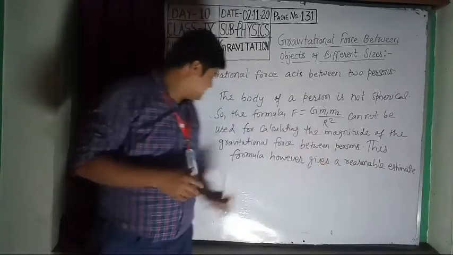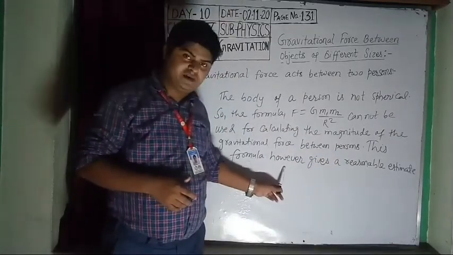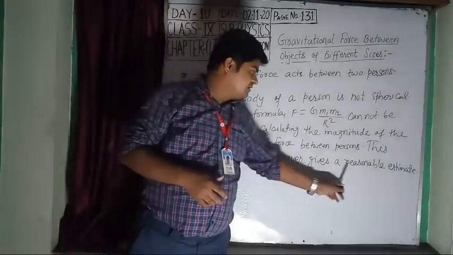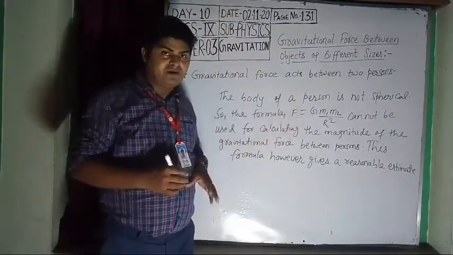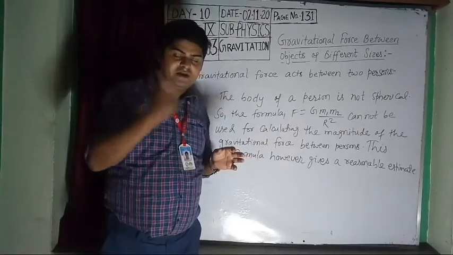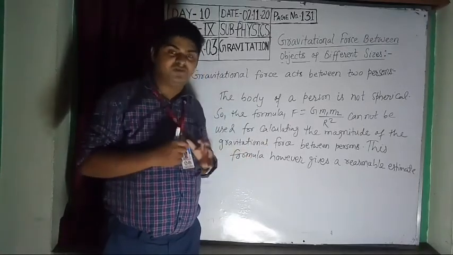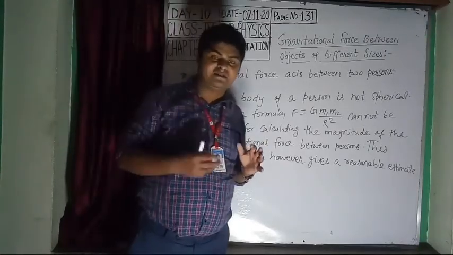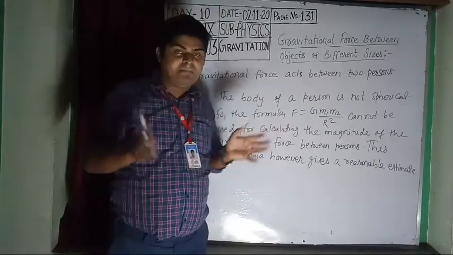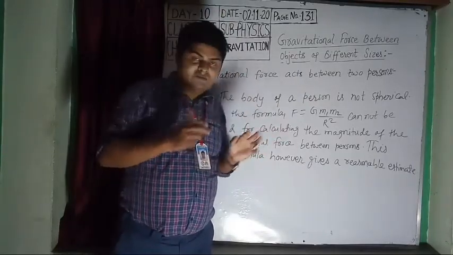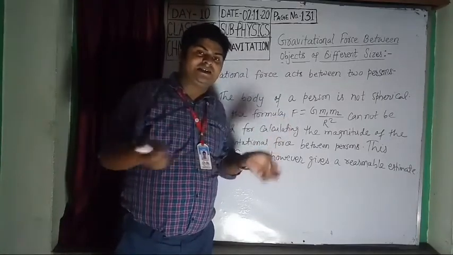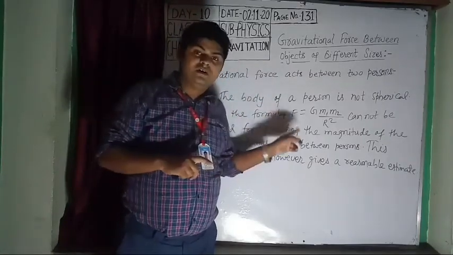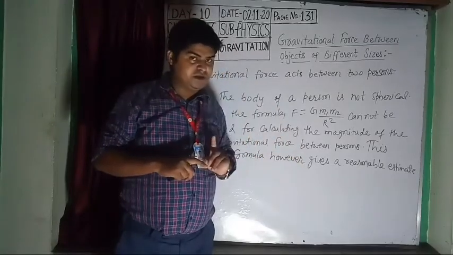This formula however gives a reasonable estimate. The value of gravitational force I found, 2.4 into 10 to the power minus 7 Newton, is approximately the gravitational force acting between two persons, but it is not the exact value.